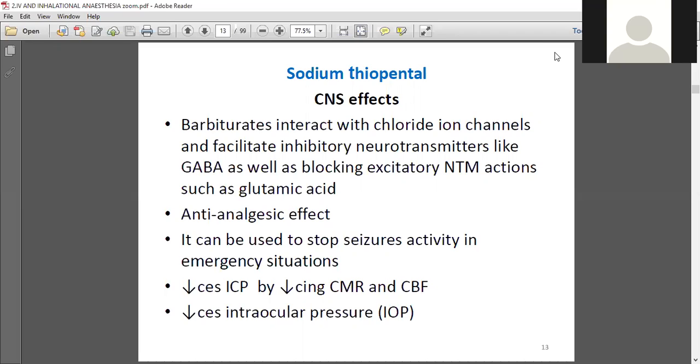Like I was saying, they interact with chloride ion channels and facilitate inhibitory neurotransmitters like GABA, as well as blocking the excitatory ones. So your brain does not receive the excitatory neurons to act, like when you're in a state of kumbaya.